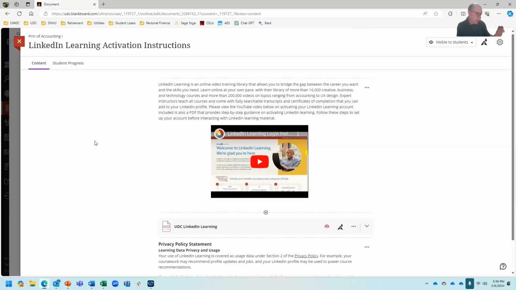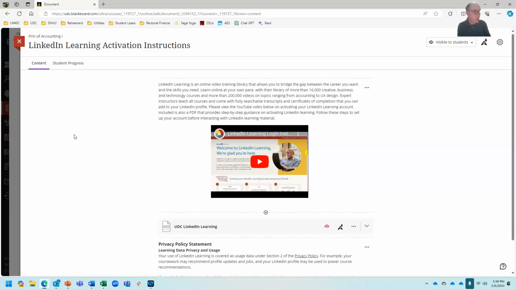It will not work with Apple products, meaning it will not work with Safari. It's not going to work with any other type of web browser. You have to use either Microsoft Edge, Google Chrome, or Firefox. I recommend that you use Microsoft Edge in order for it to work correctly.